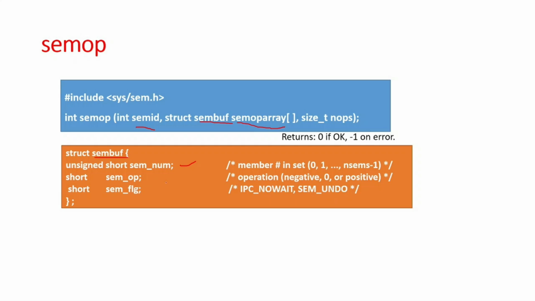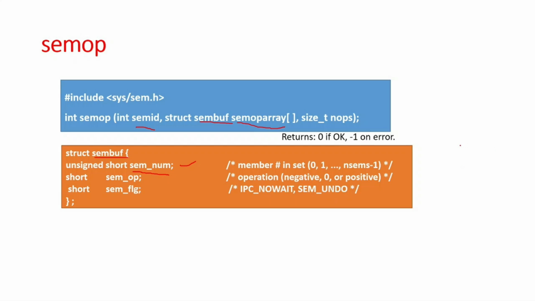The first one is sem_num, with which I should be able to identify the member in the set, right? When I talk about a member in a semaphore set, I am talking about the individual semaphore present in the set, and the value of sem_num ranges from 0 to nsems minus 1.